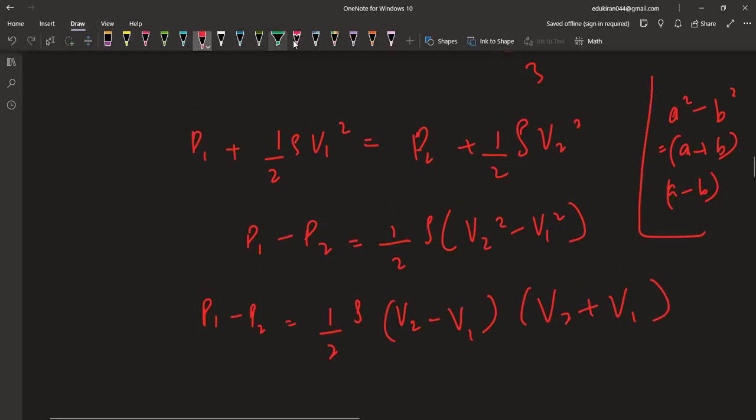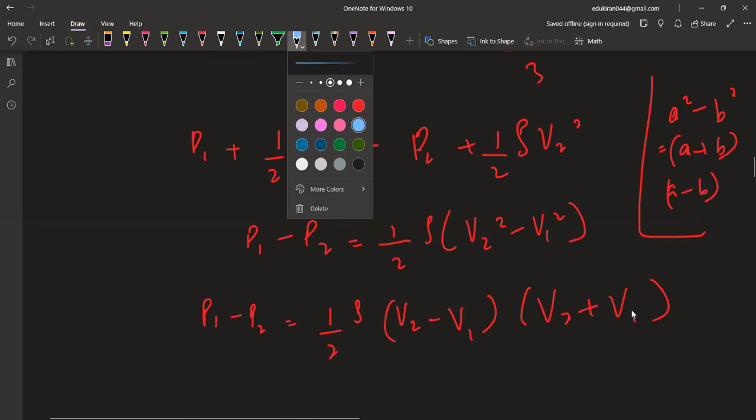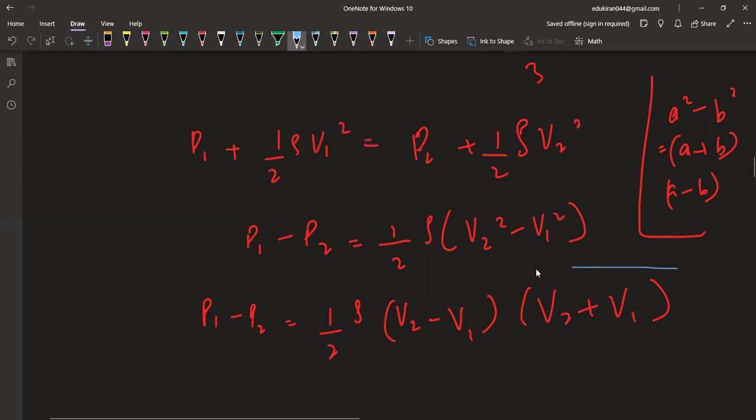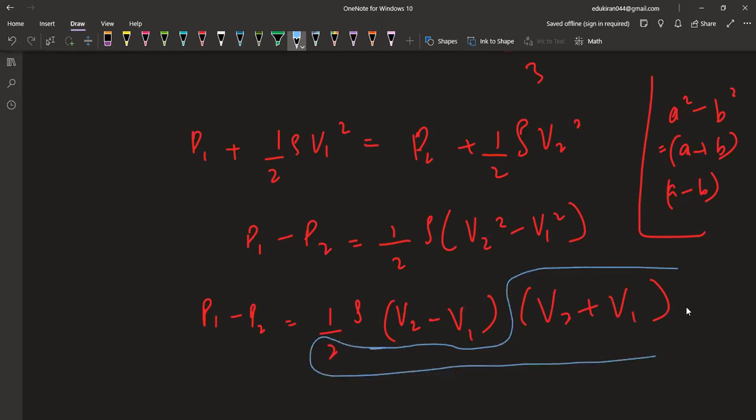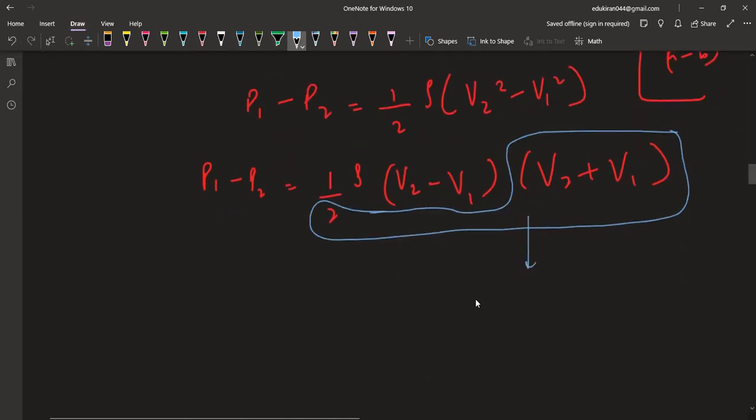Now, V2 plus V1 divided by 2 is exactly the average velocity.